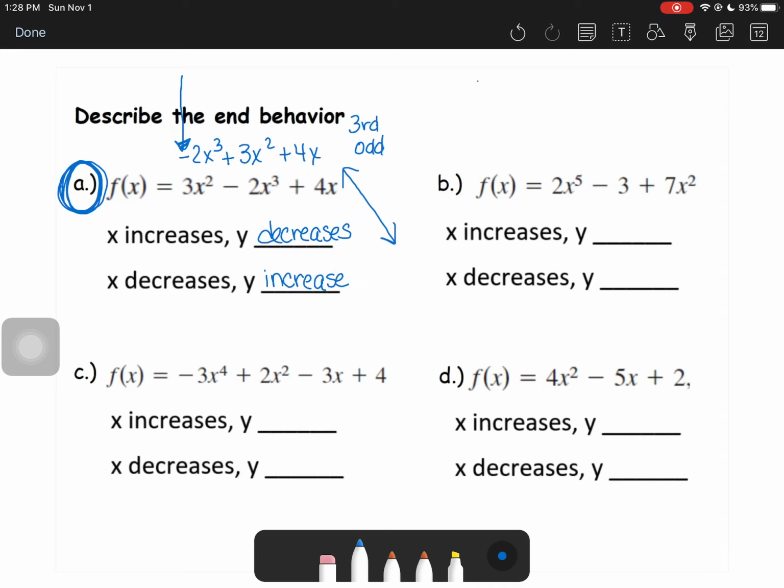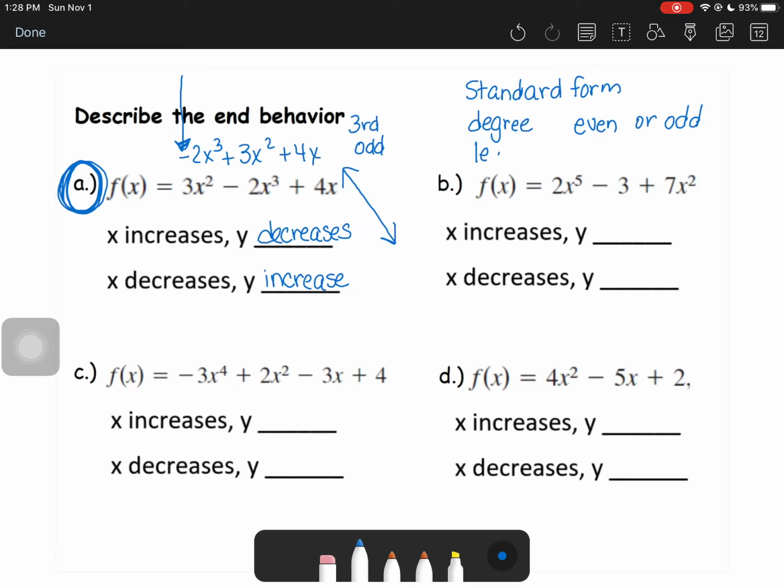So the first thing you need to do is to write it in standard form. Figure out the degree. Is it an even or an odd function according to the degree?